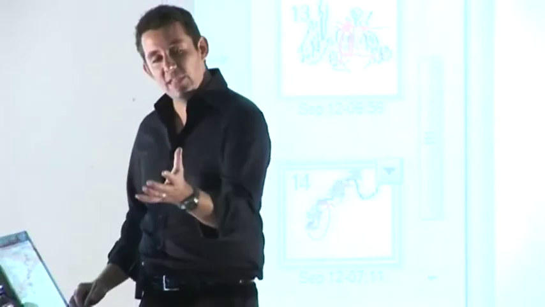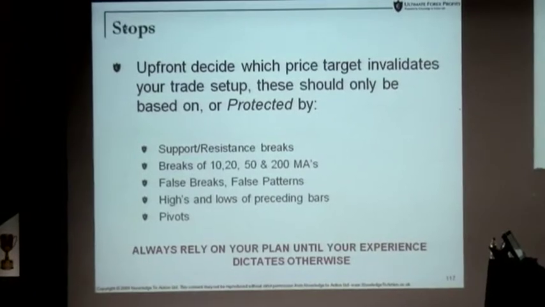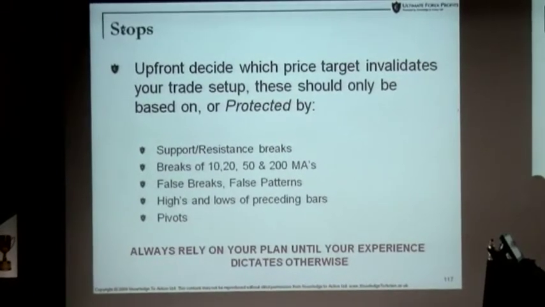And that's always where amateurs are entering trades and exiting trades. You know, we want to be looking to enter the trades before that move's happened, using orders, and placing stop losses under things which protect price. And the things that protect price are things like support and resistance, highs and lows of preceding bars, pivot areas.